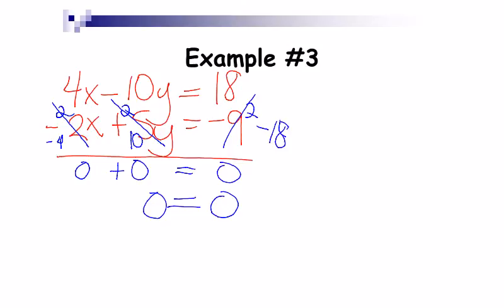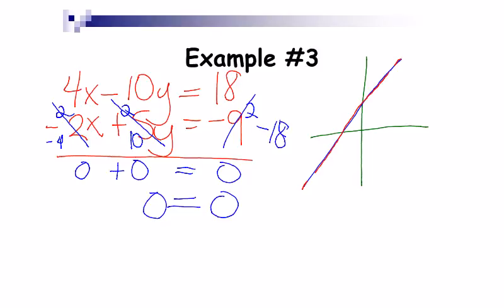If that's the case, then the answer is that these two lines, I'm just going to draw an example, are actually the exact same line. Okay? I'm just giving you a visual here. This really isn't the line. But if I were to graph these two lines, they would be the exact same line.